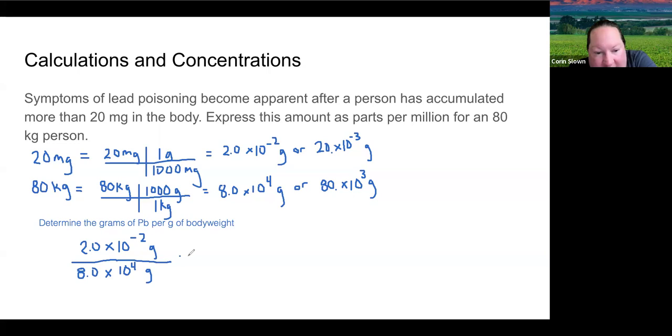And so when I do that calculation, the 0.02 divided by 80,000, I get... actually, let's do it this way. I can do 0.25 times 10 to the negative 6th.